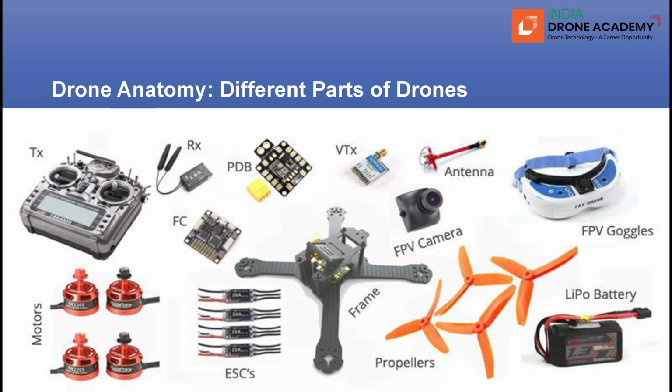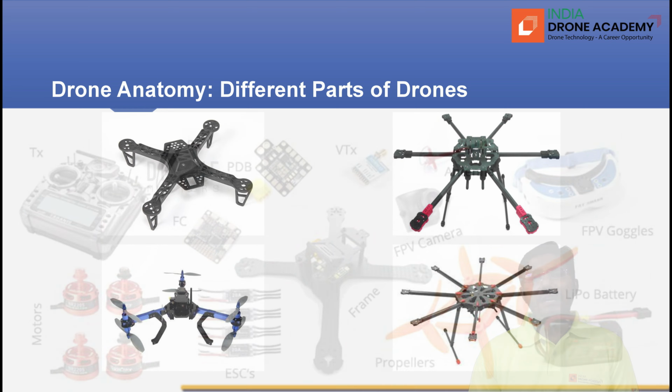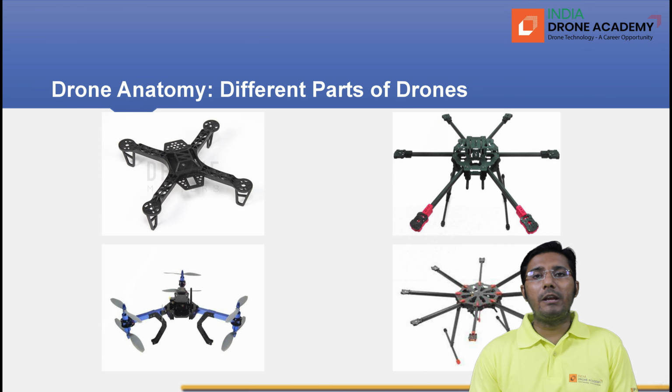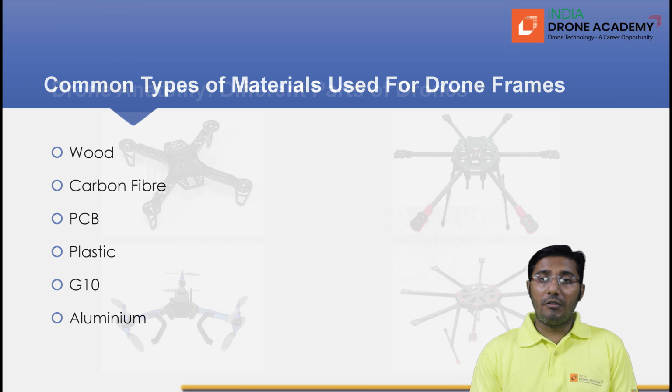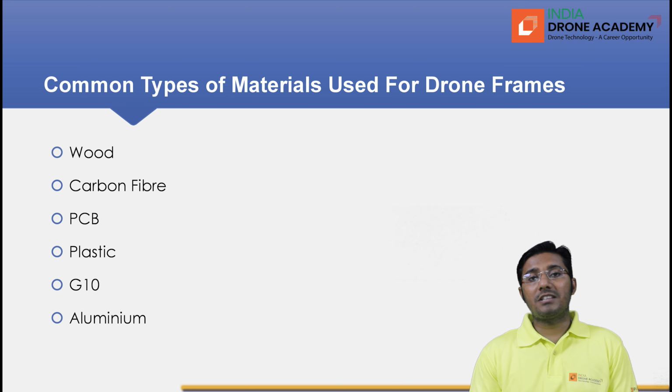The weight of these frames is always kept at its minimum while designing, but it should never compromise the strength of the frame. The materials which are used for drone frames can be wood, carbon fiber, PCB, plastics, G10 or aluminum.